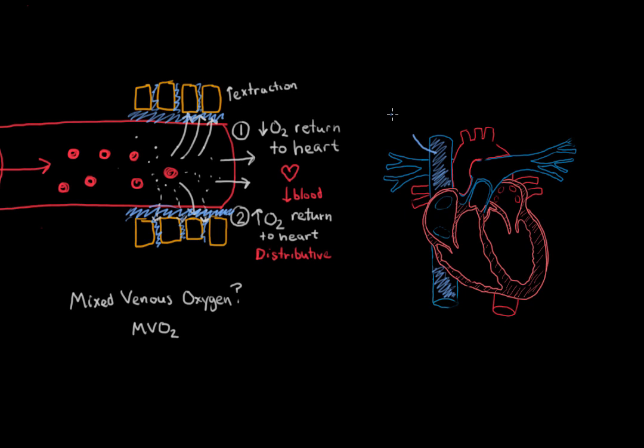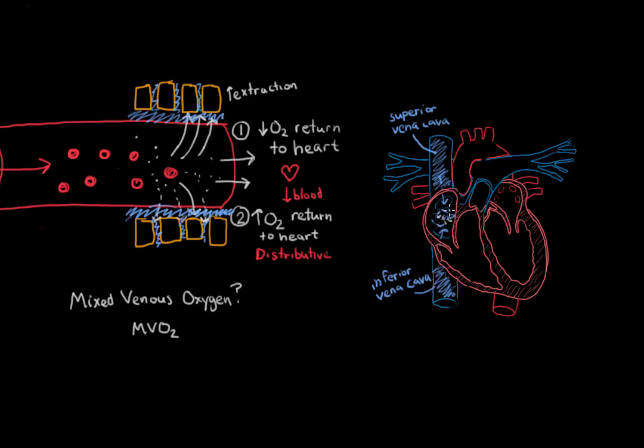This is how blood returns from the top side of the body, from the arms and the head, and from the bottom side of the body, from the legs, organs, and so on. So when blood from both the superior and the inferior vena cava meet in the right atrium, the oxygen of those two major veins mixes.